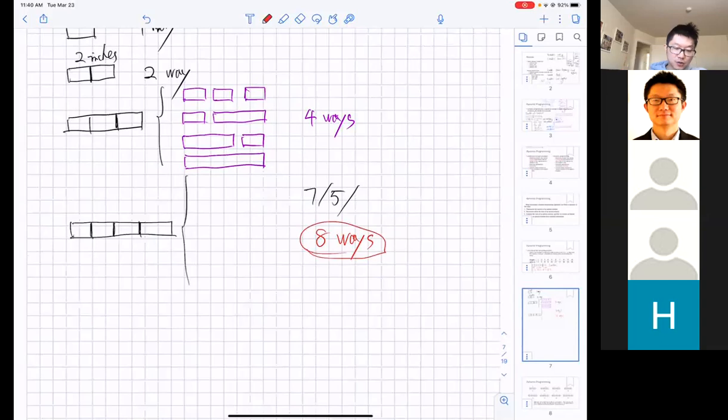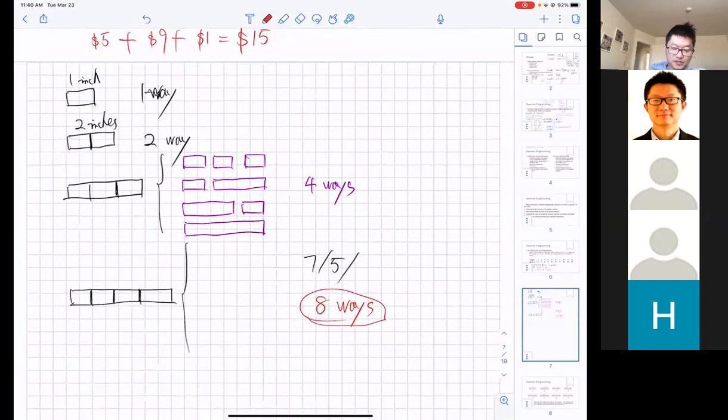So to be general, if we have a rod of length n inches, how many ways exist for us to cut it?